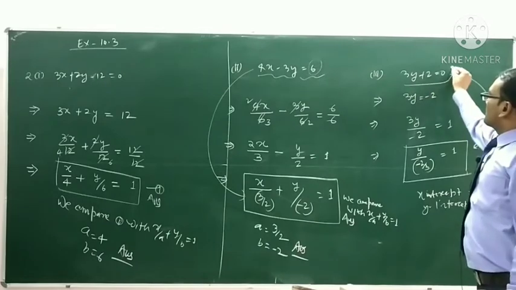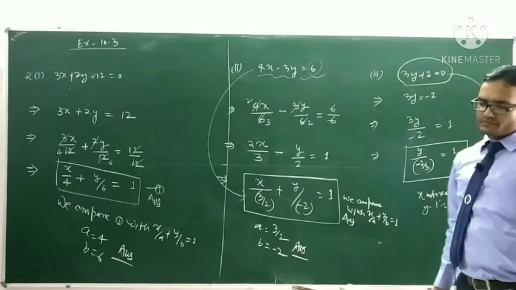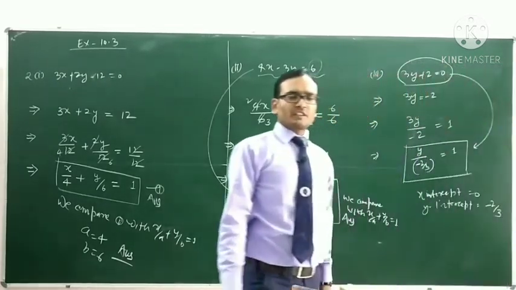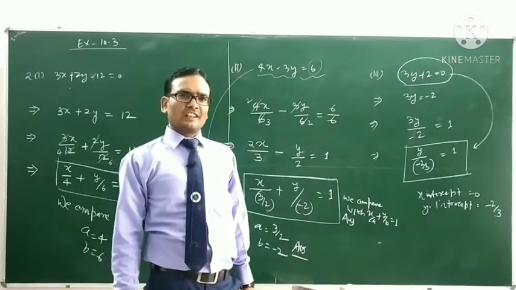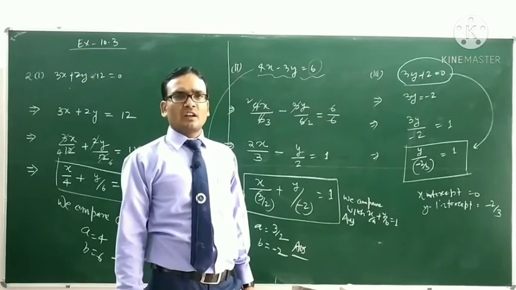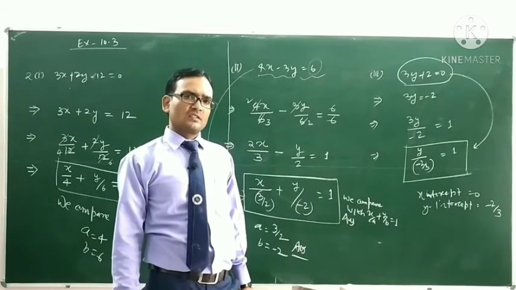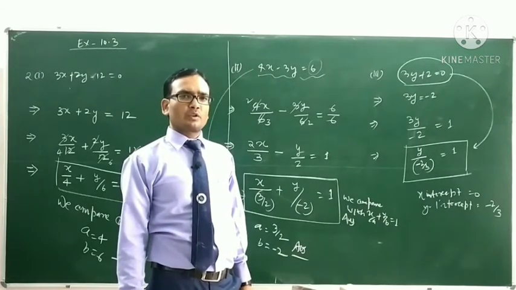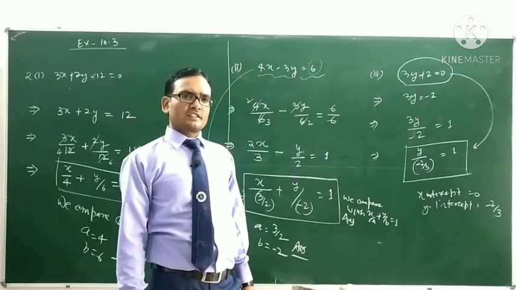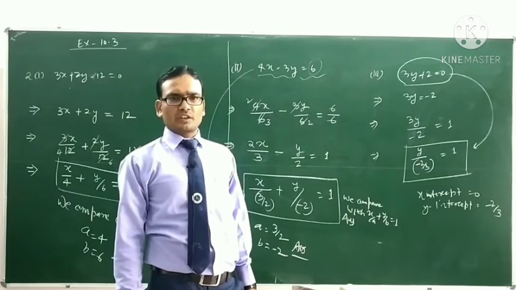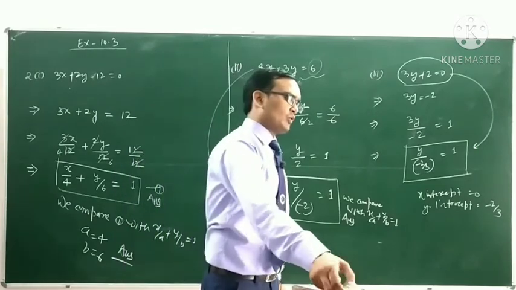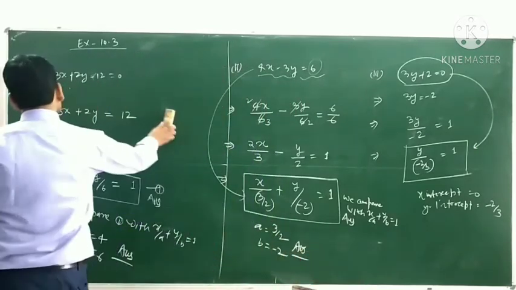This means equation 3y plus 2 is equal to 0 does not intersect the x axis. It intersects only the y axis. Okay students, let us move to question number 3.